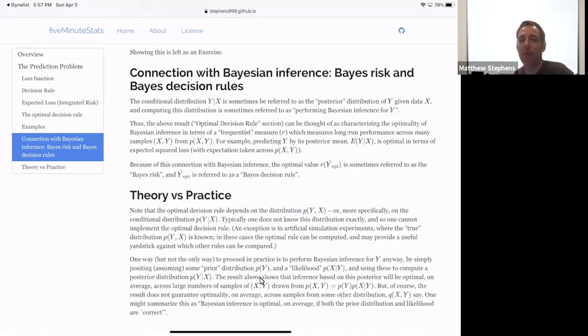That's one justification for a Bayesian procedure: if the likelihood is correct and the prior is correct, and you choose the action or prediction that minimizes the posterior expected loss, then you can't do better than that on average.